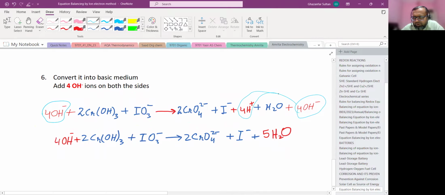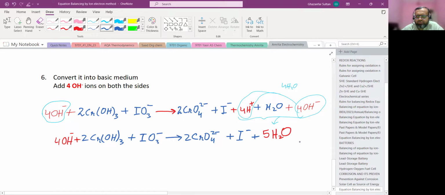So collectively there are 5 water molecules, while the remaining part of the right hand side is as it is. While on the left hand side, there is nothing to neutralize this OH. So these 4 hydroxide ions would remain as they are.